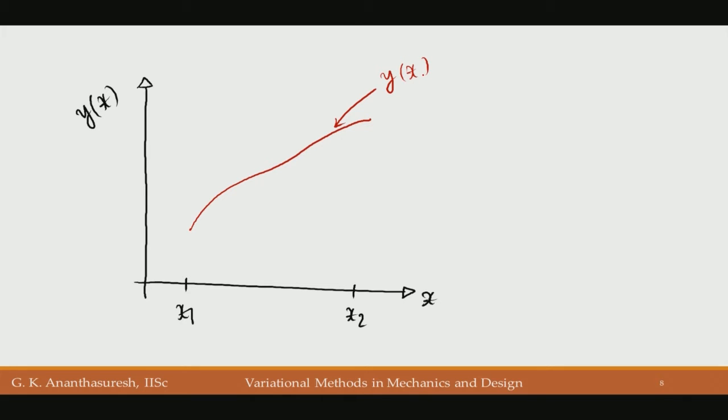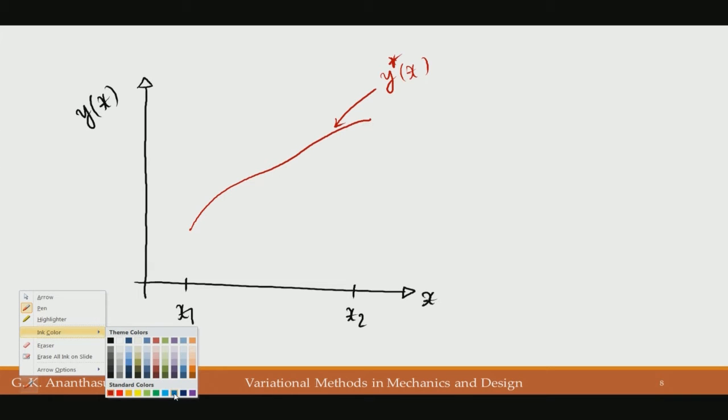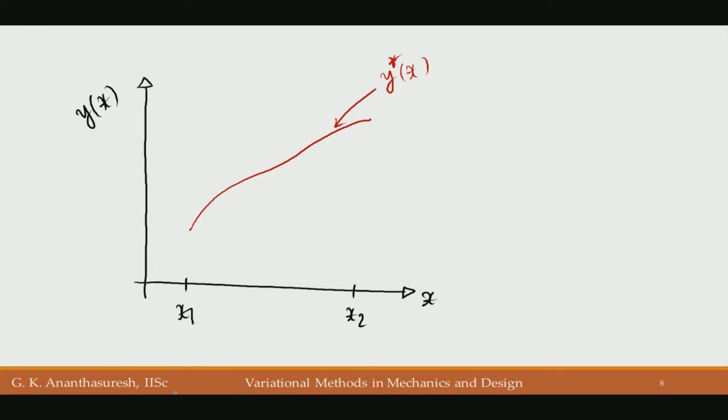Let us call this y star, the solution that minimizes a functional. But in order to check whether it is actually the minimum, we have always been doing perturbation. We need to perturb this y star so that it is different.